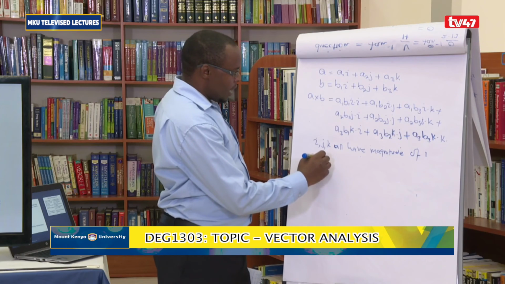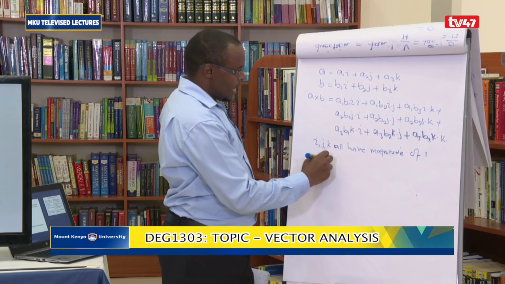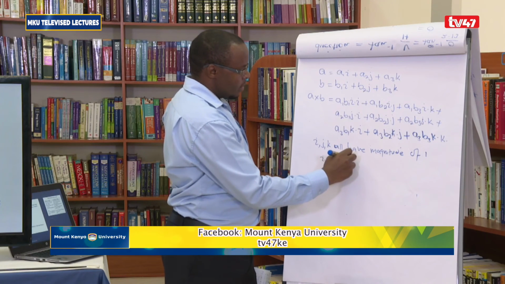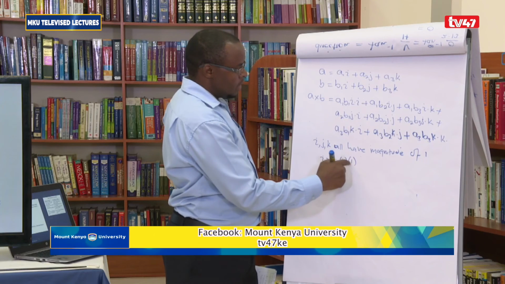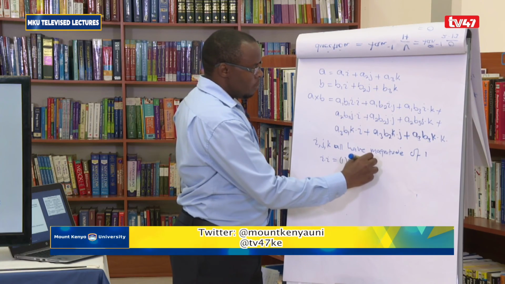Therefore, if you are doing a cross product, the first one, i with i, is going to give you 1 times 1, which is the magnitude of each of these, and then the sine of the angle between them, which is 0.